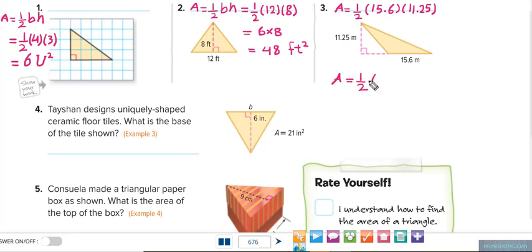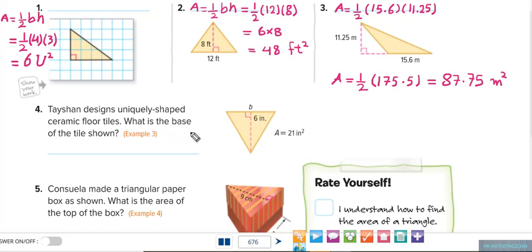This will give you 175.5. Now you multiply it by half, or you divide it by 2, the same. It will give you 87.75. Of course, meter squared.